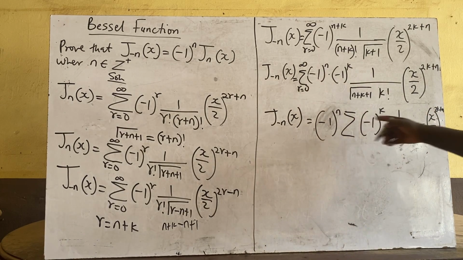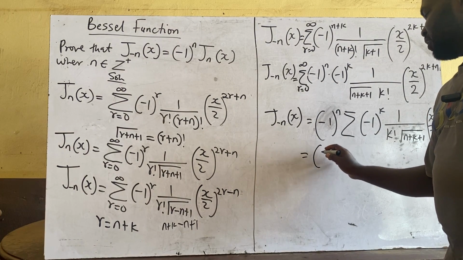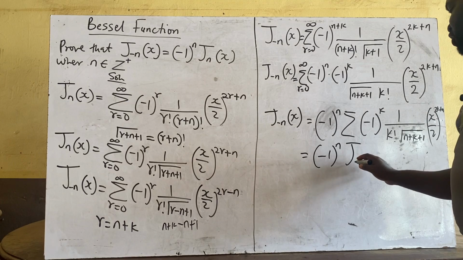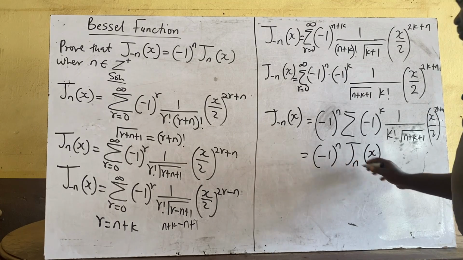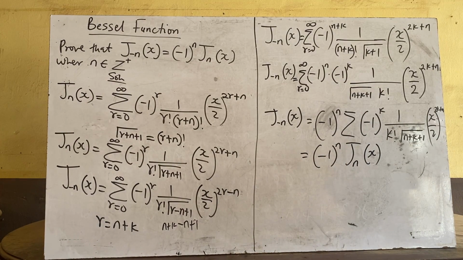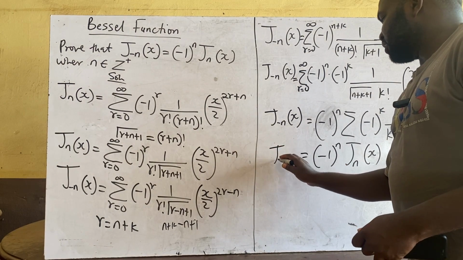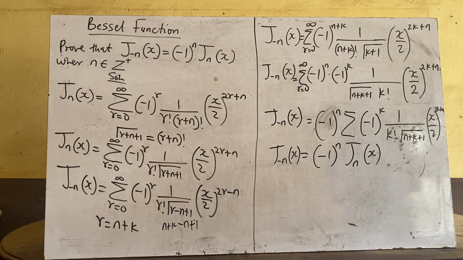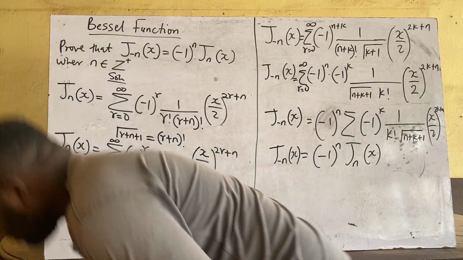And if you look at this very well, this is minus 1 to the n, J n of x, because it looks like this. So that is just that, and it is now proved that J minus n of x is equal to this. Proved. Very, very simple.